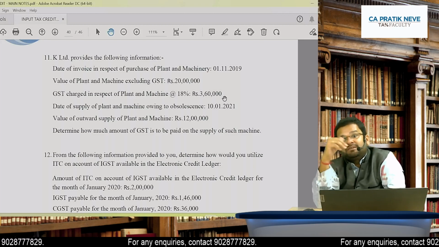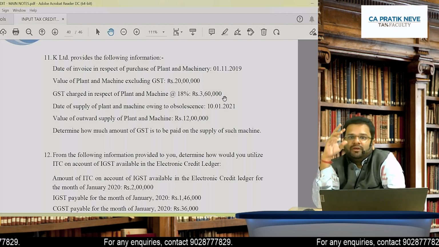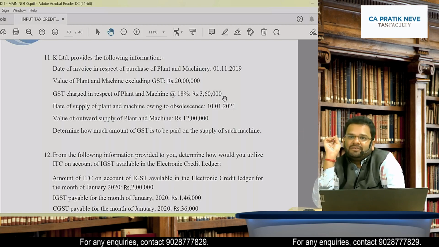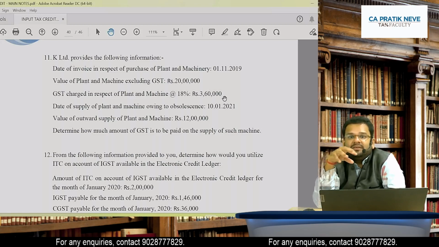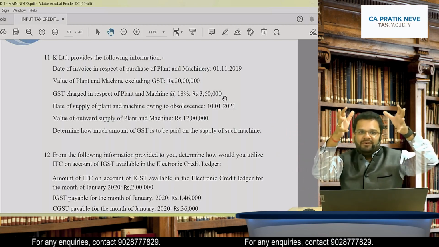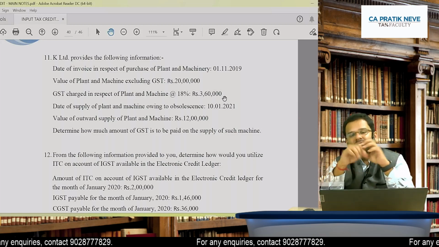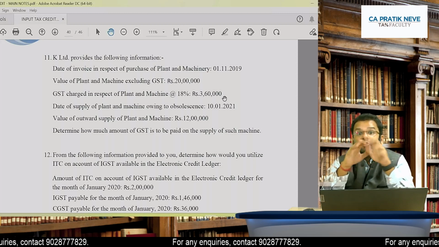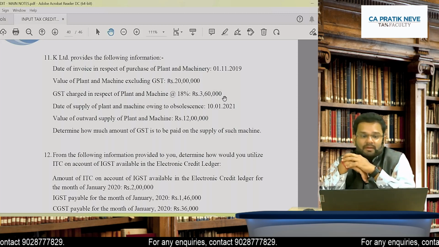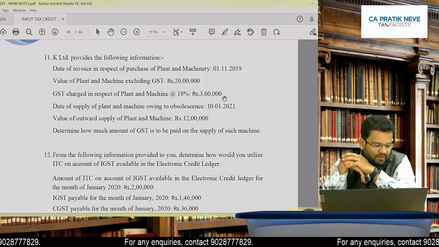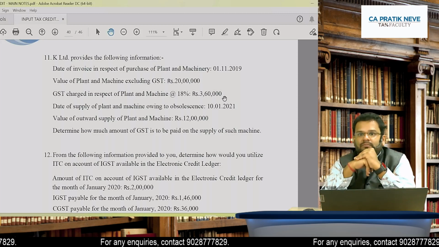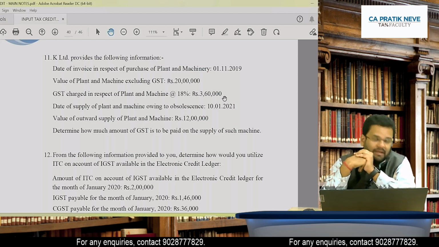Means for example, yesterday it's about valuation, so we could cover bit more practical questions. Today it was ITC. Provisions itself were too many to be covered, so we couldn't touch much practical numericals in the revision batch. Tomorrow, place of supply. Maybe we will be able to cover a lot of questions in place of supply.